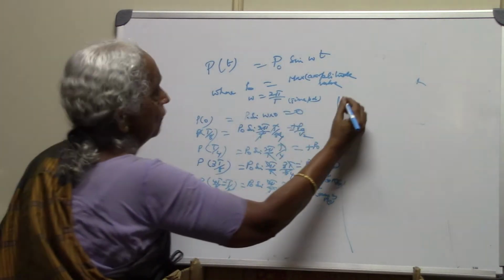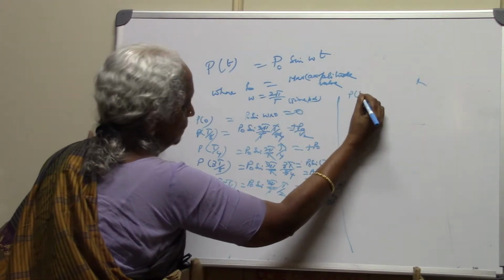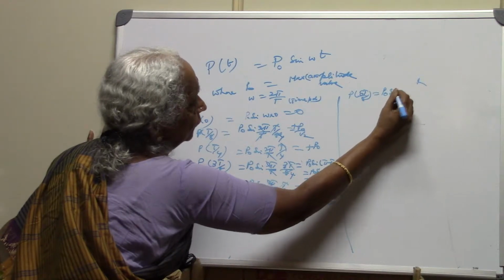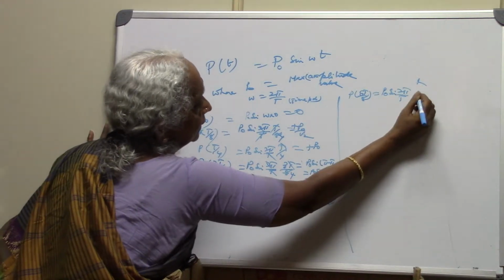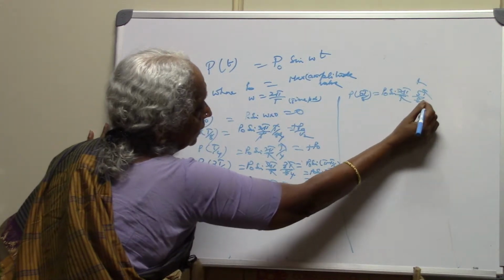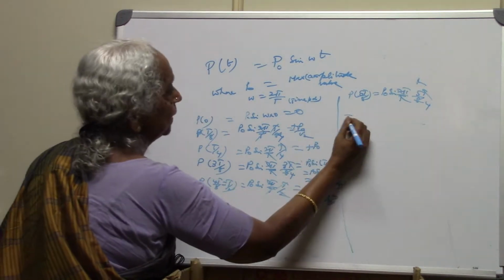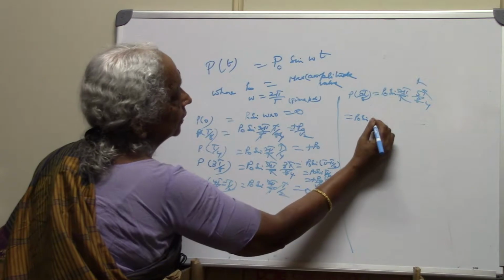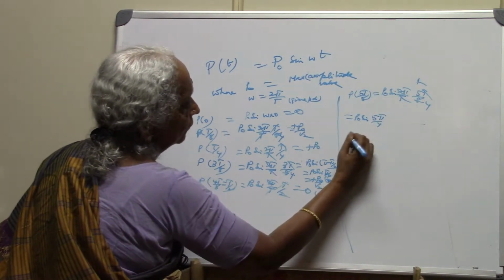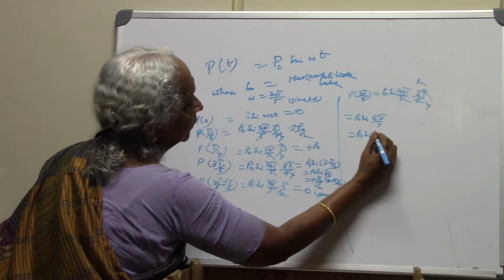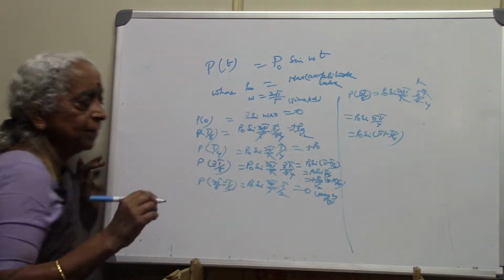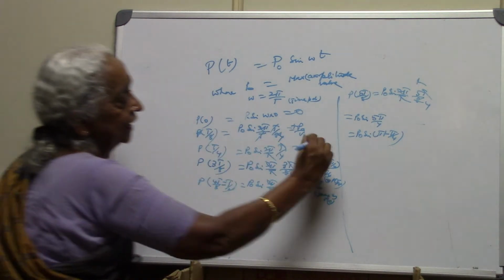Then P at 5T by 8 will be P naught sine of 2 pi by capital T into 5T by 8. T and T get cancelled, which will be P naught sine of 5 pi by 4, which is P naught sine of pi plus pi by 4. Pi plus pi by 4 being in the third quadrant, the sign becomes negative.